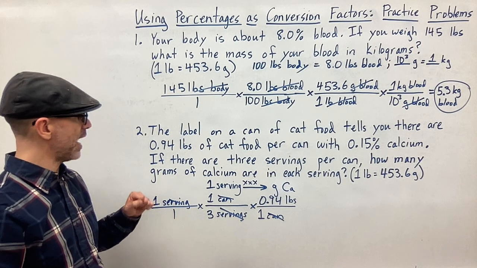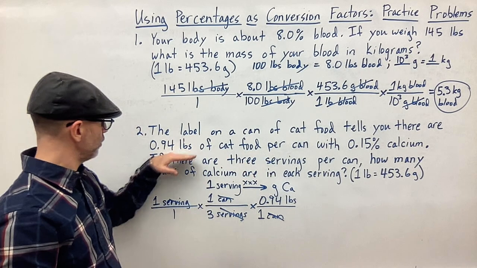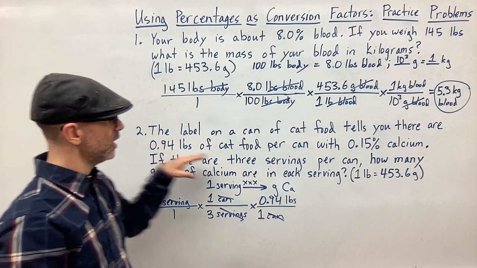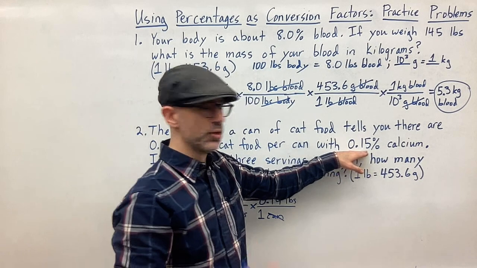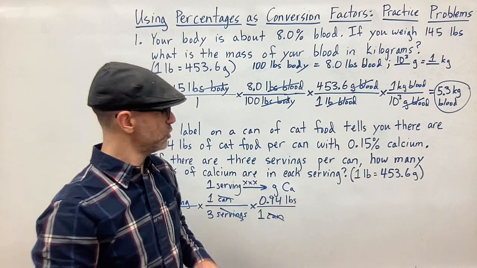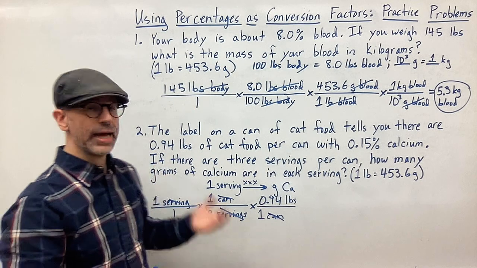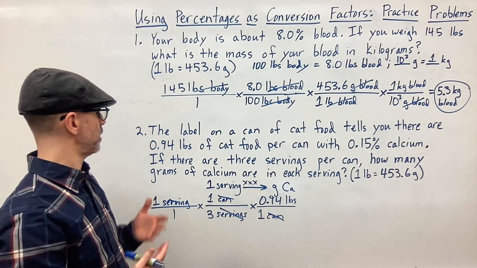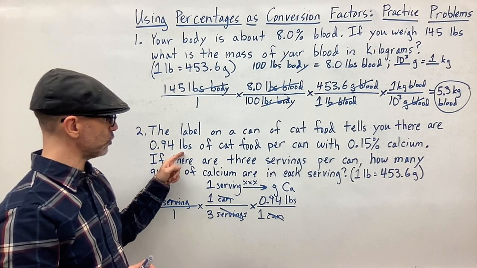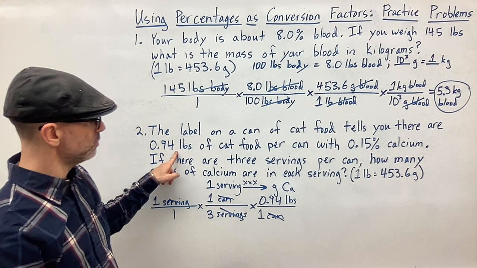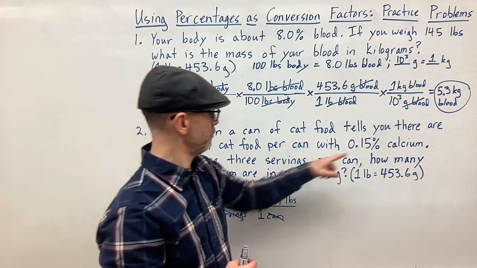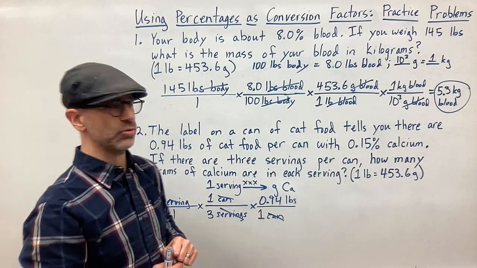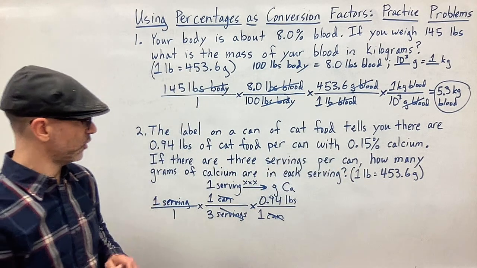So I know that out of these pounds of cat food in the can, 0.15% of that is calcium. So I can write that out of 100. So for every 100 pounds of cat food, that's going to be 0.15 pounds of calcium.